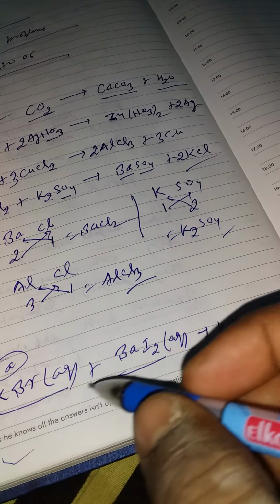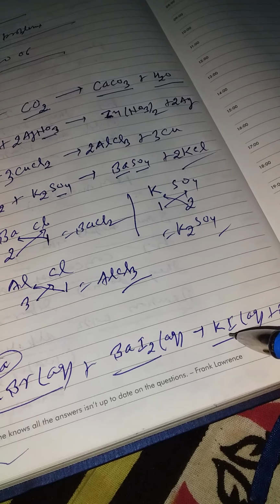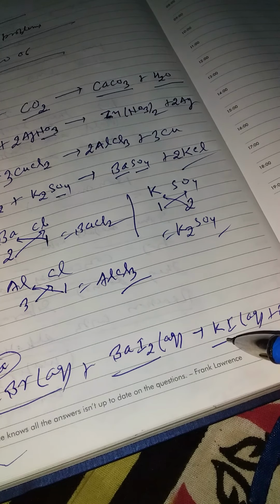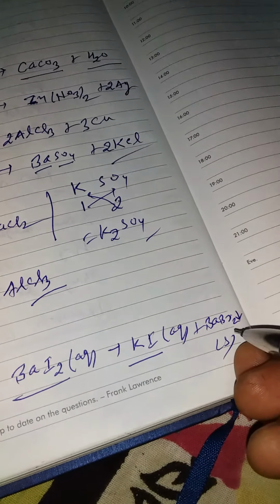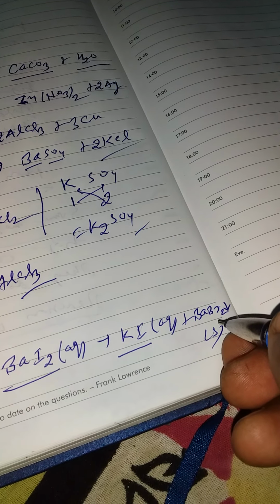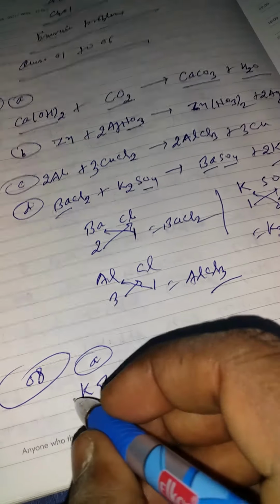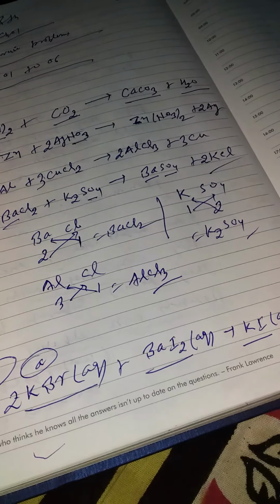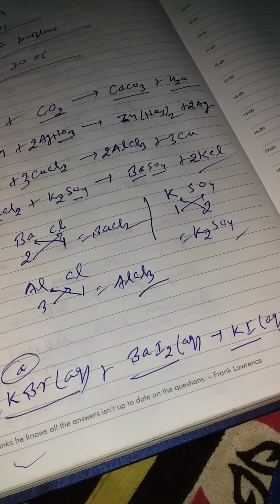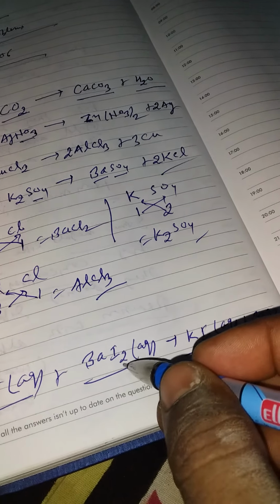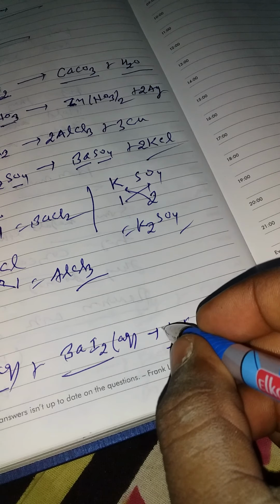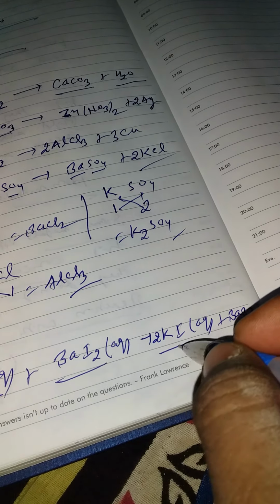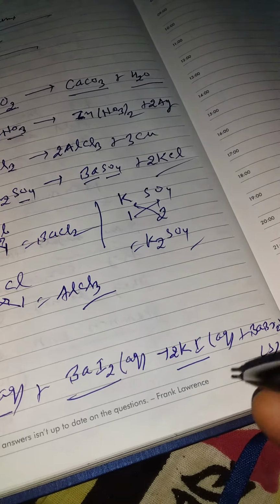Here potassium is 1 on the reactant side as well as the product side. Bromine on the product side is 2 while on the reactant side is 1, so 2 KBr, and here I is 2 while on the product side 1, so here we multiply by 2 KI. This chemical equation is balanced.